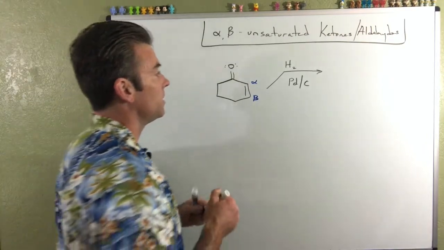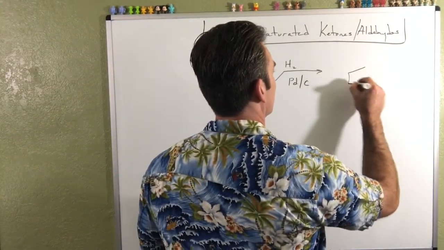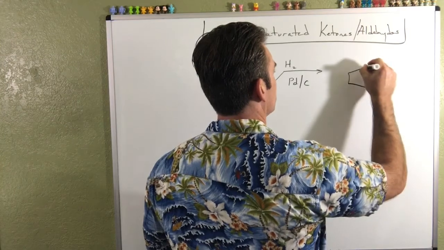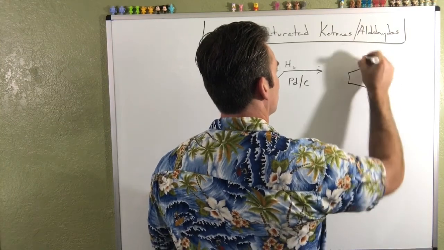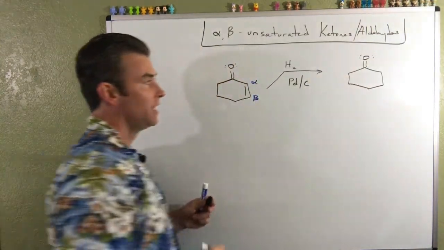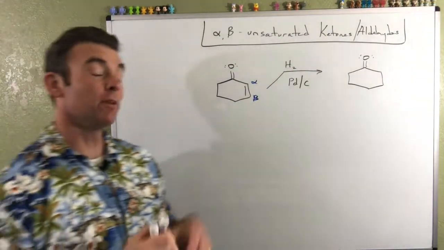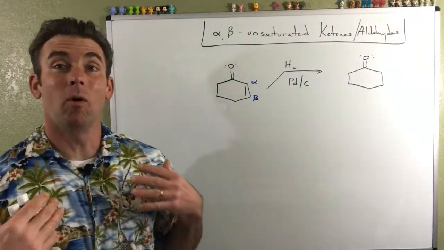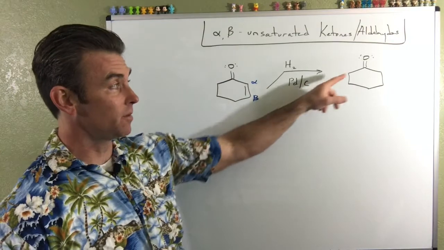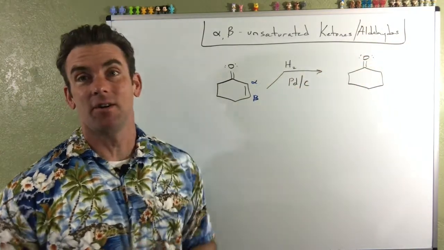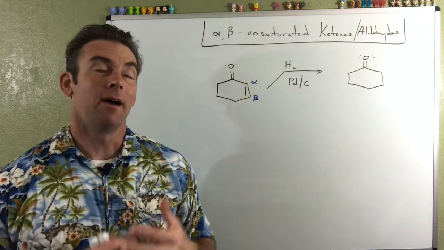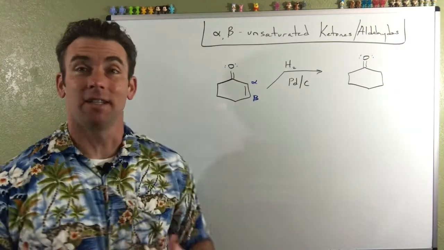And so what we would expect is just specifically reducing that double bond and leaving that carbonyl oxygen alone. Of course, as we got more and more aggressive with this type of reaction, we will eventually start to turn that thing into an alcohol. But that's something that requires a lot of extra work.